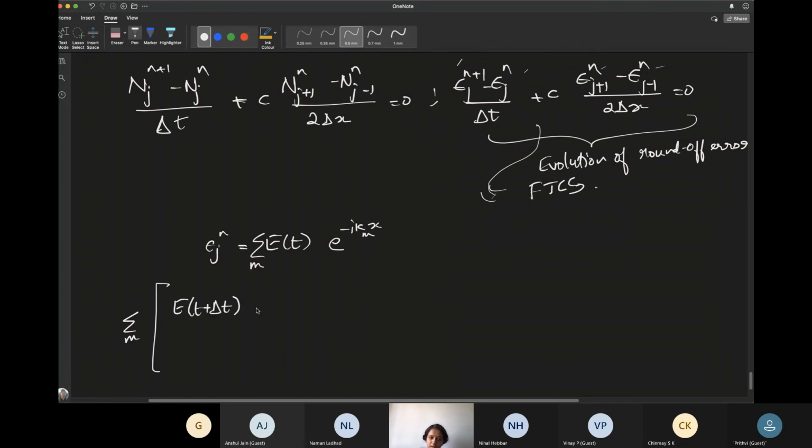plus delta t minus e of t, both of them multiplied by.